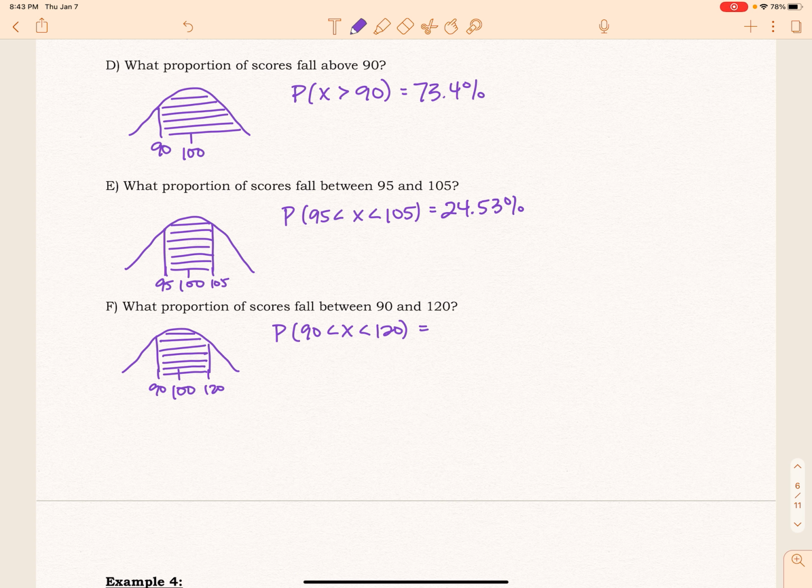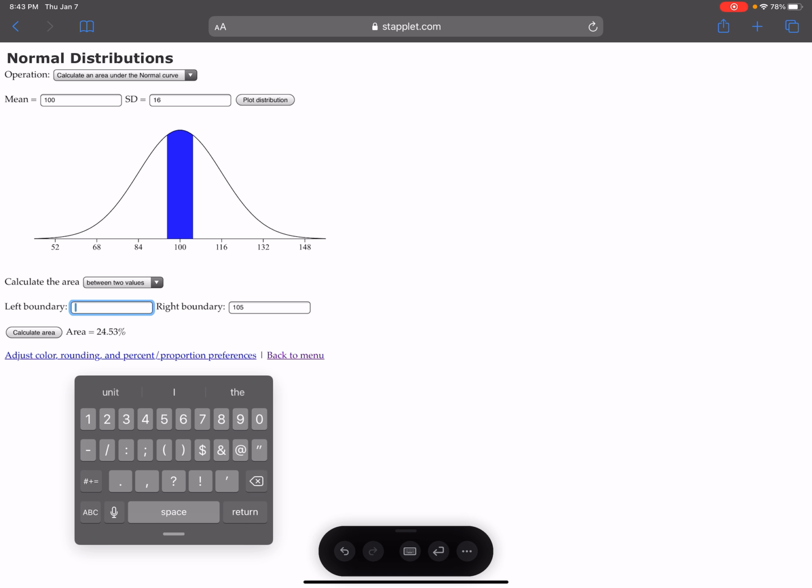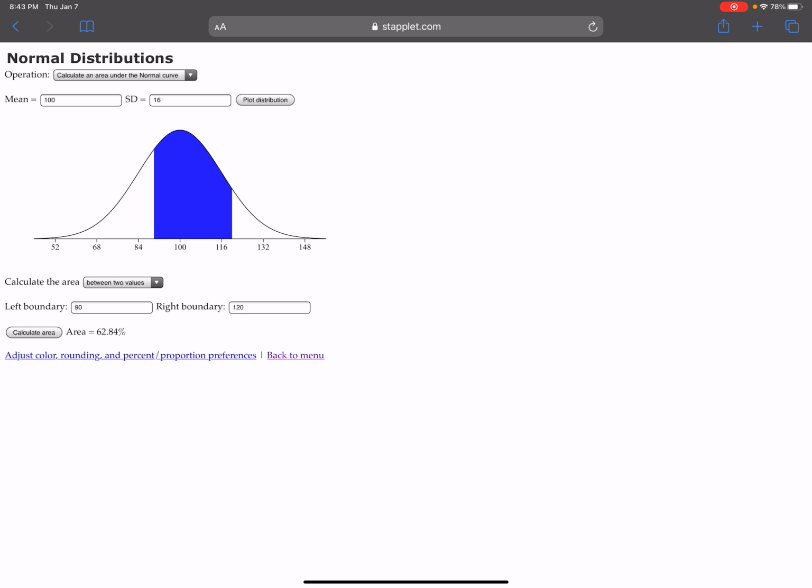And then I'm going to do another similar problem here. I want the proportion of scores that fall between 90 and 120. I calculate that area, 62.84%.